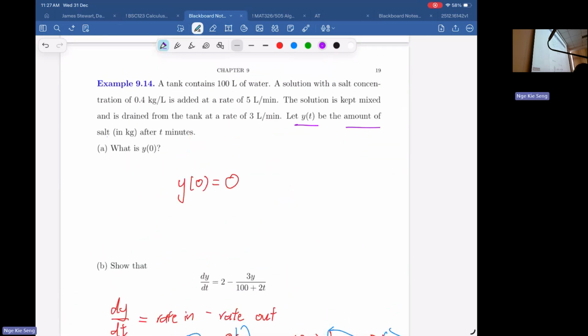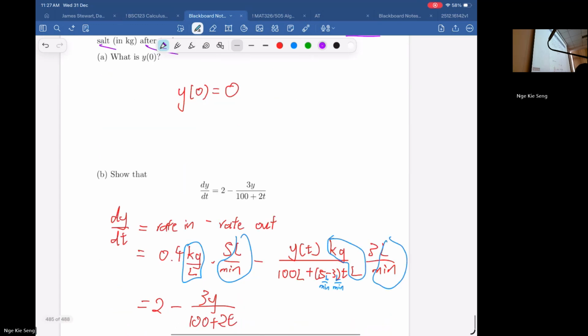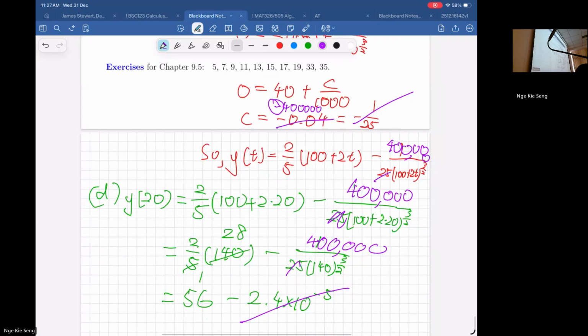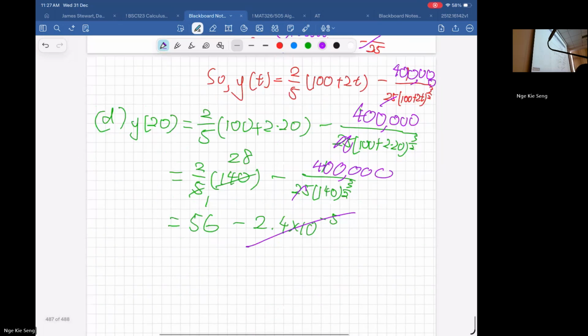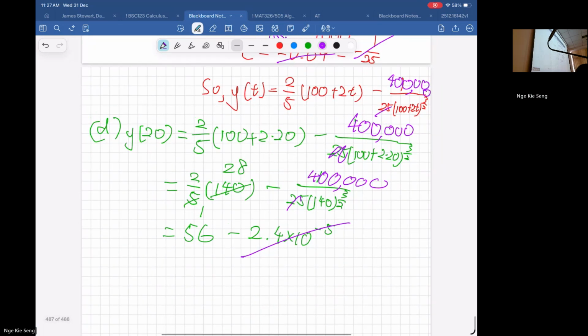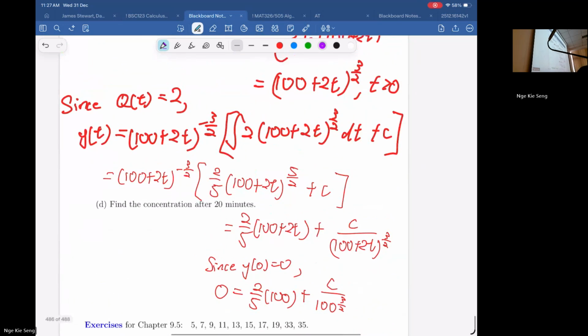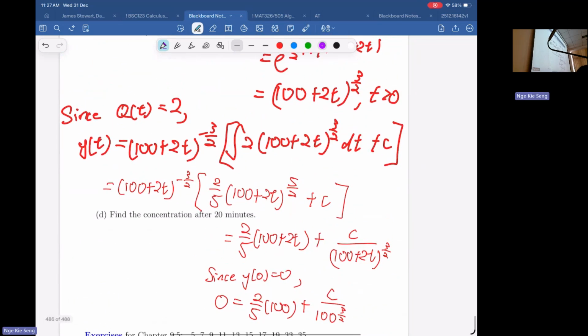y(t) is the amount of salt after a solution is added. At the start, there's no salt, right? I think it's correct. Any idea what's wrong? Did I miss anything?